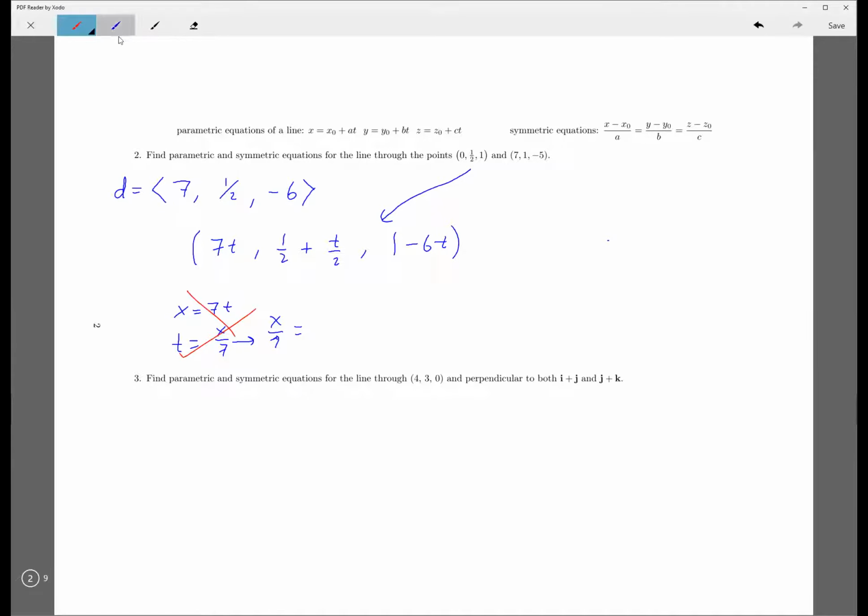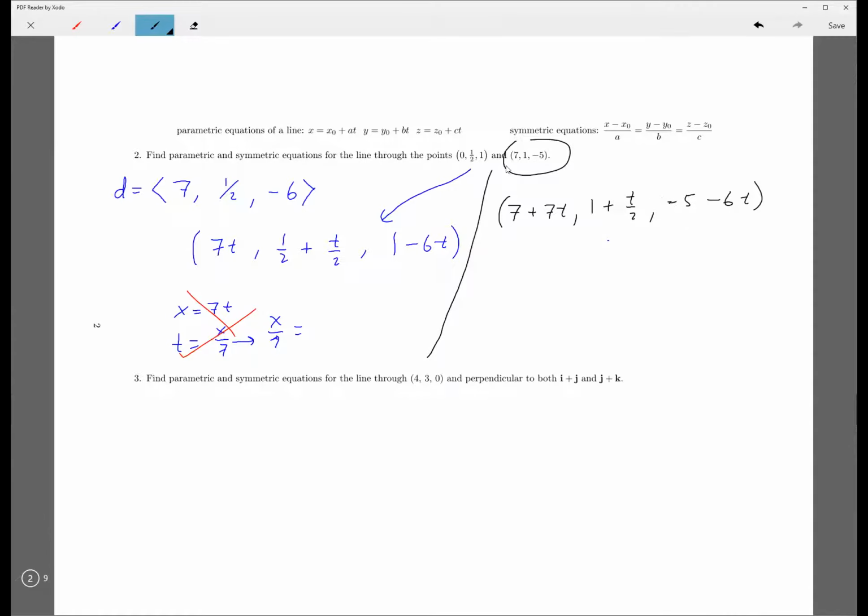So what do you think the problem is? So what I think happened is they used this point instead. So 7 plus 7t in the first slot, right? And then 1 plus t/2 in the second spot, and then -5 minus 6t in the third slot.